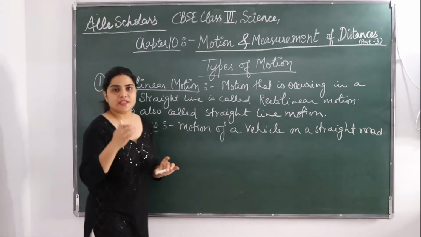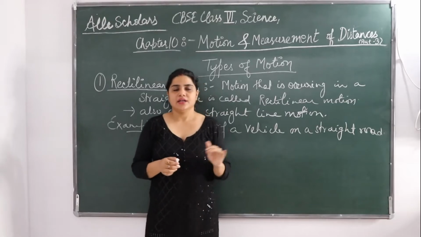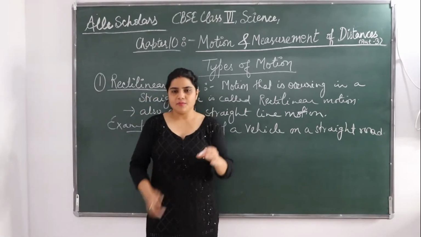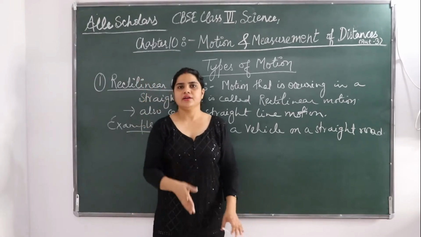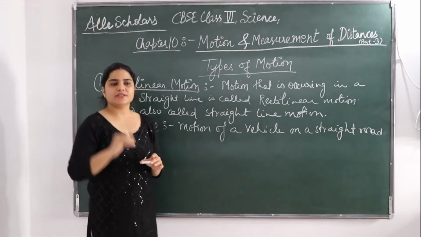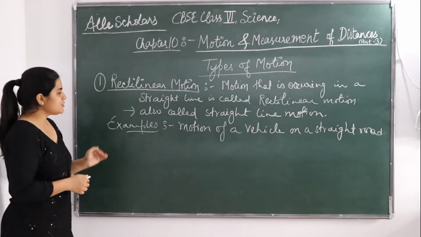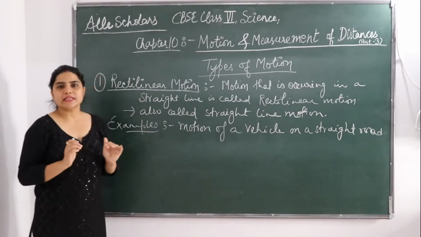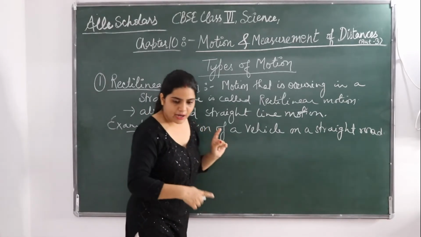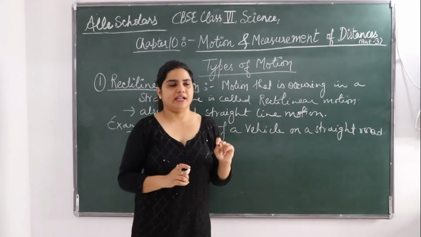Next, you must have seen the march past that is happening. How do these soldiers march? They march like this, straight. They march straight only and they have formed a straight line. So the march past of soldiers in a parade is an example of rectilinear motion because they are marching in a straight line.